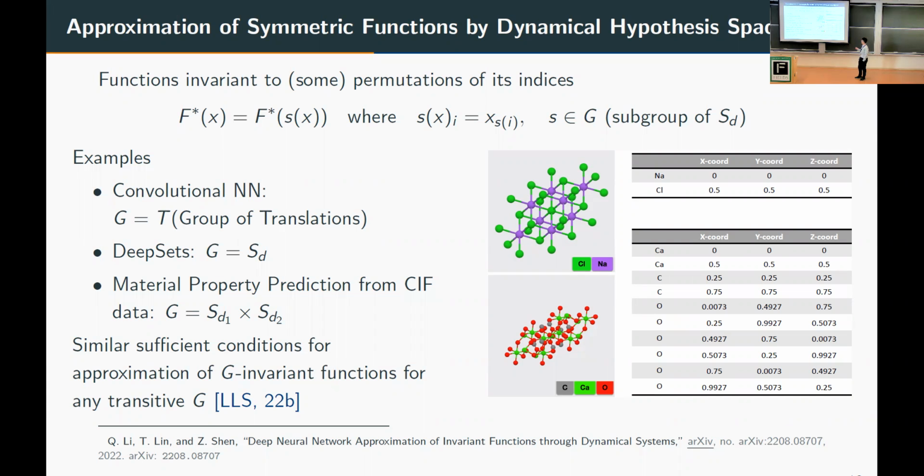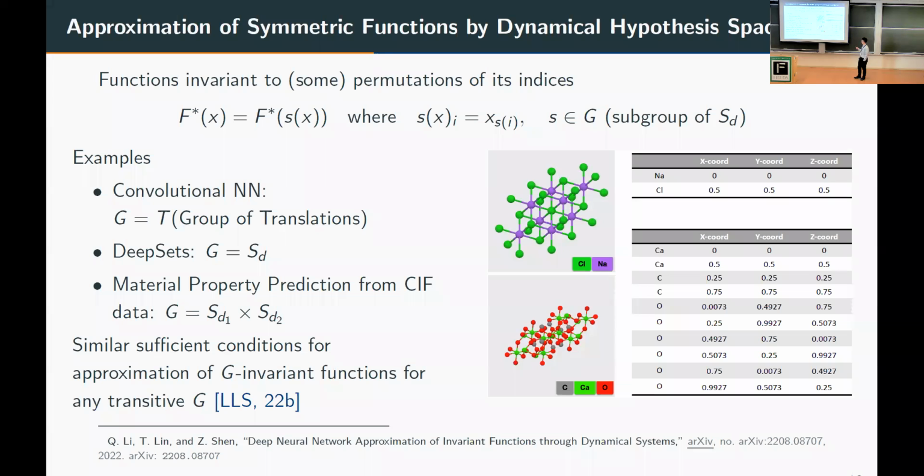And what's interesting here is that if you exchange the rows or the columns, it's essentially describing the same structure, right? And if your property is invariant to rotations and translations, then of course, if you change these columns or these rows, you will not affect the property because you're describing the same material. So in this case, you can think of the permutation group as a product of permutation groups.